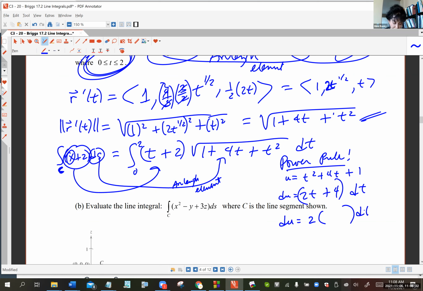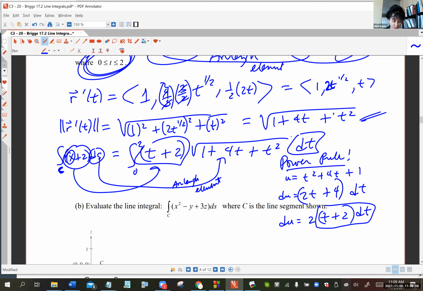If I factor out a 2, I get 2 times t plus 2 dt. Why is that so cool? Because good news, there already is a t plus 2 dt in the integrand waiting to get swallowed up and serve its role as the du portion. Yeah, exciting.